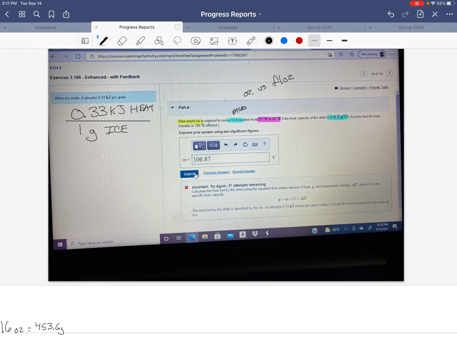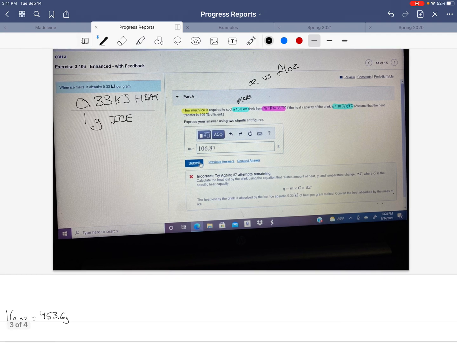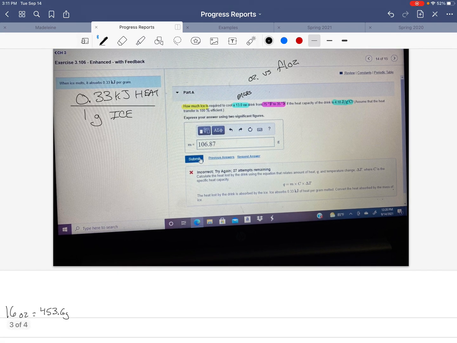Small difference, but it's a huge difference because it's a different mass. So you can see 16 ounces is 453.6 grams. That's the conversion we need to use.